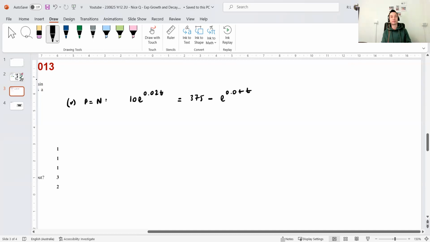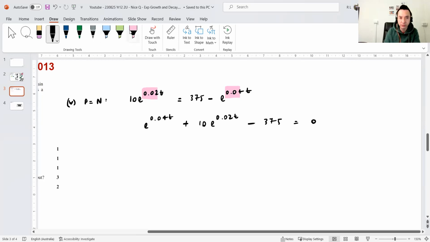Okay, cool. Now, these values of k were not random. It's actually specifically chosen so you can do this question. I really like part 5. It was well thought out. So when I bring it over, you get e^(0.04t) plus 10e^(0.02t) minus 375 equals 0.